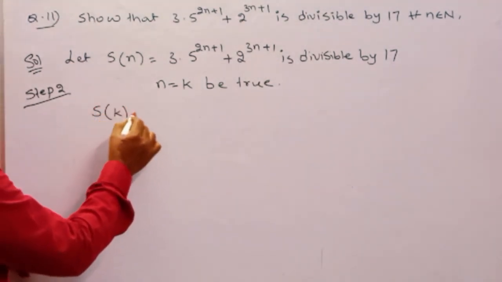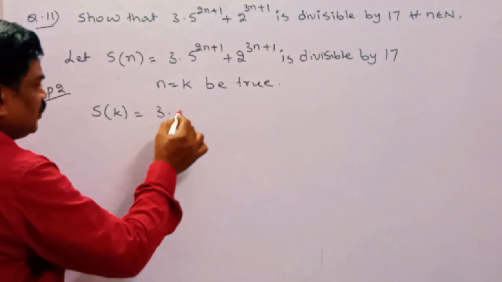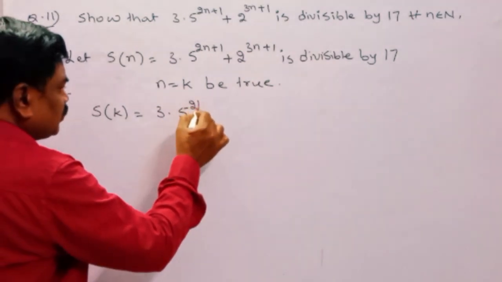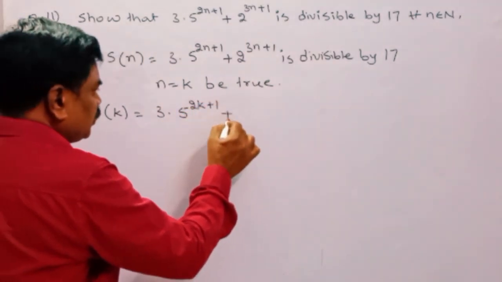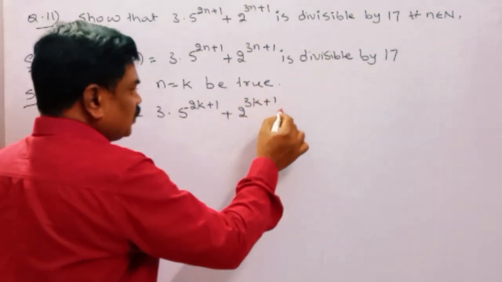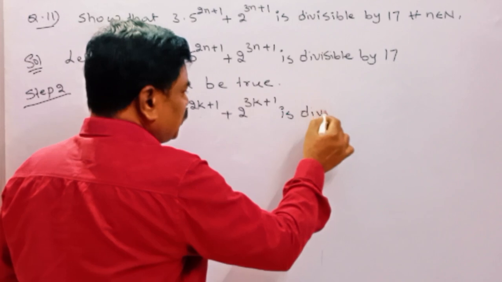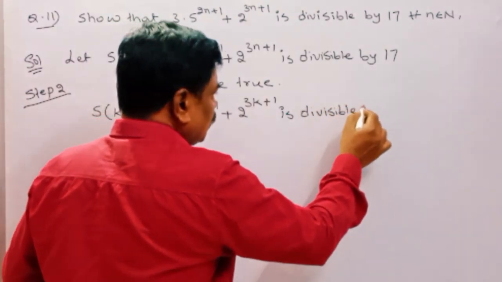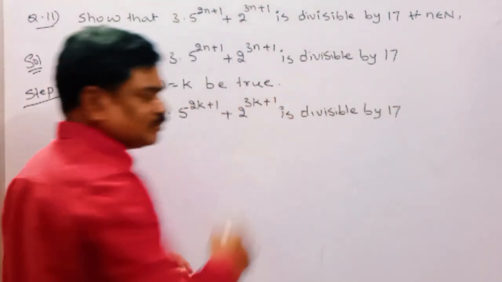S of k is equal to 3 into 5 power 2k plus 1 plus 2 power 3k plus 1 is divisible by 17.